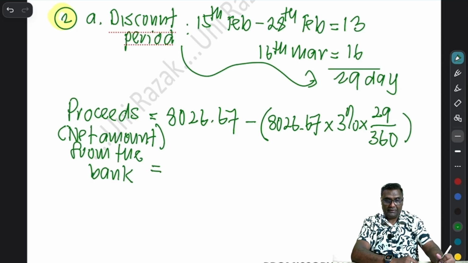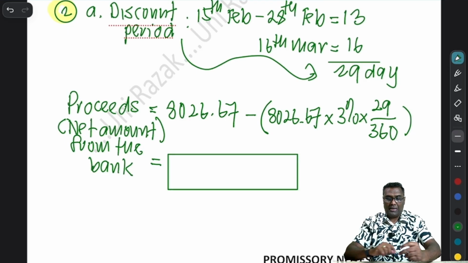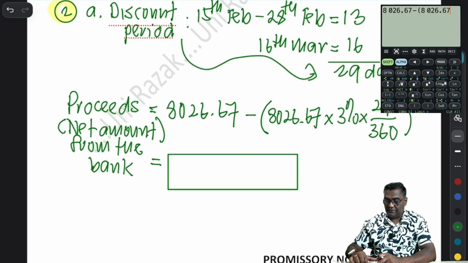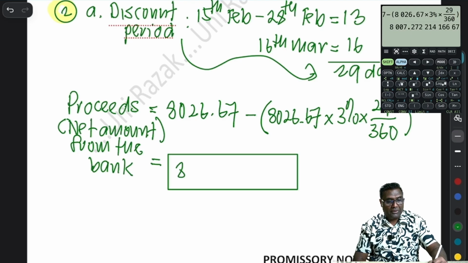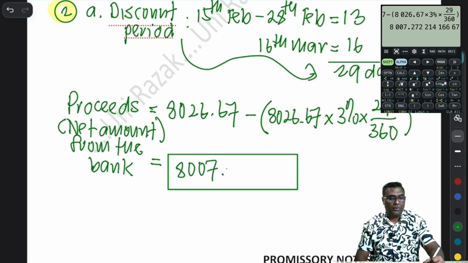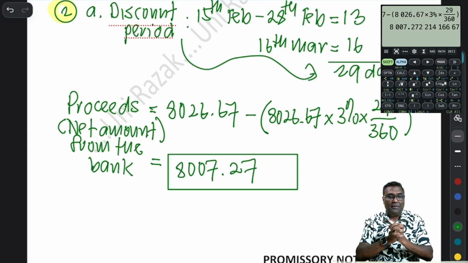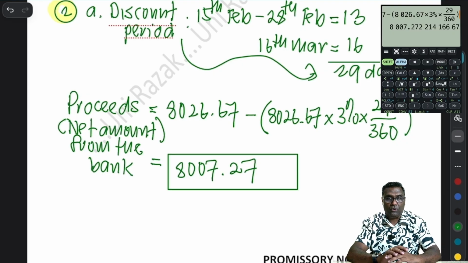I can just press in one go on my calculator: 8026.67 minus, open bracket, 8026.67 times 3% times 29 over 360, close the bracket. So the bank will give Shrek 8007.27. This is the net amount receivable by Shrek when he hands over the promissory note to the bank. So this is the next thing that you need to know on promissory note.